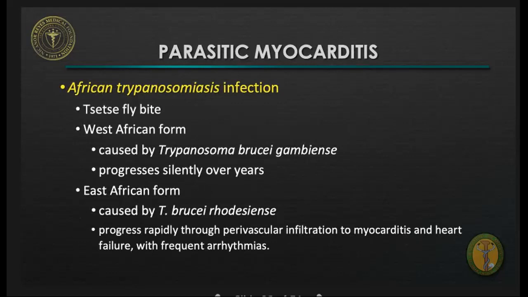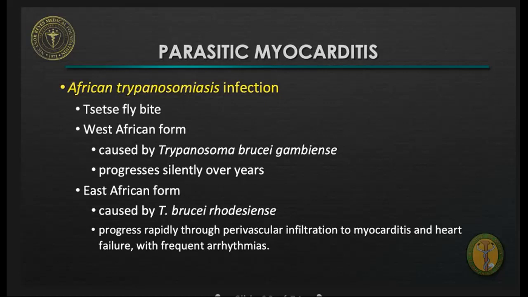So it has a West African form, which is caused by Trypanosoma brucei gambiense and progresses silently over years, while the East African form is caused by Trypanosoma brucei rhodesiense, and can progress rapidly through perivascular infiltration to myocarditis and heart failure with frequent arrhythmias.